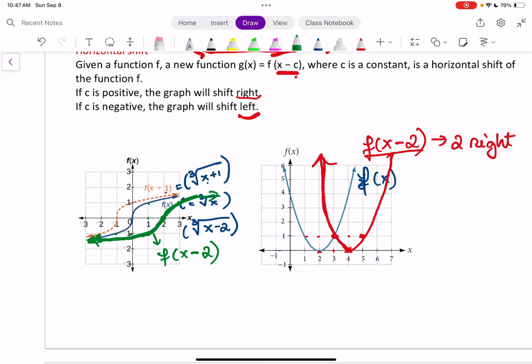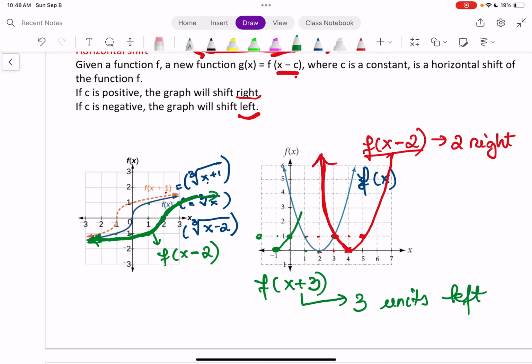And let's say I would like to graph the function f of x plus 3. So the plus 3 simply means you go 3 units left in a negative direction. This is going to be a common theme throughout the semester, so you will get used to it.